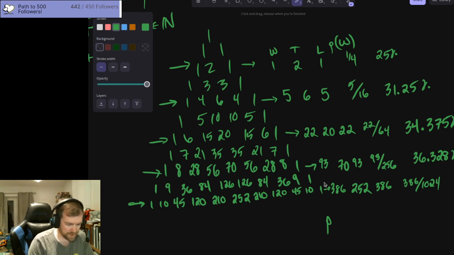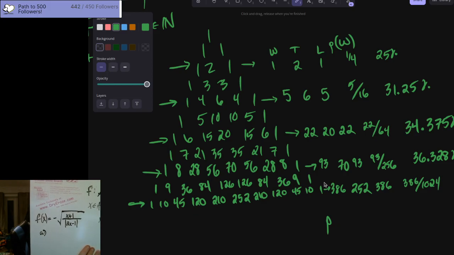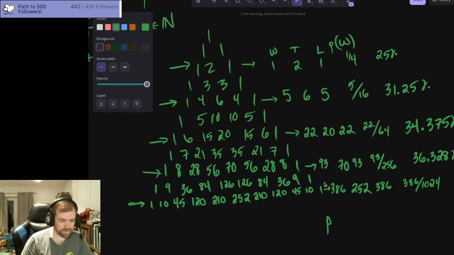Okay, example question. f of x is equal to negative square root of (x plus 1) divided by absolute value of (2x minus 1). Question A is to determine what the largest subset of the real numbers is that can serve as the domain of f. So in this case we have two conditions.